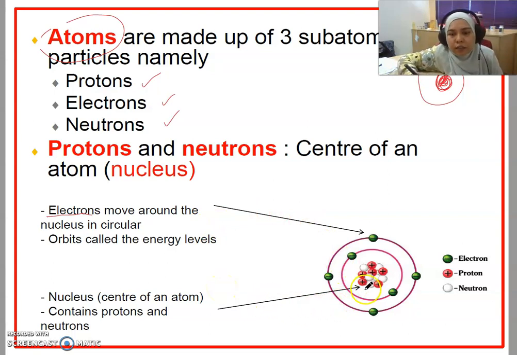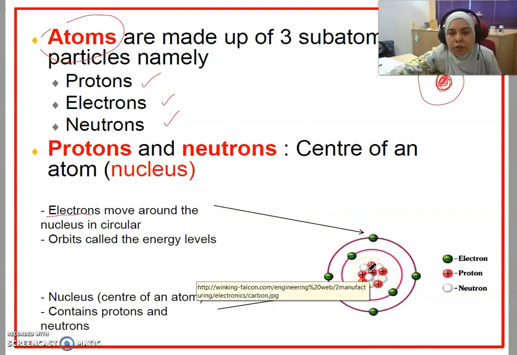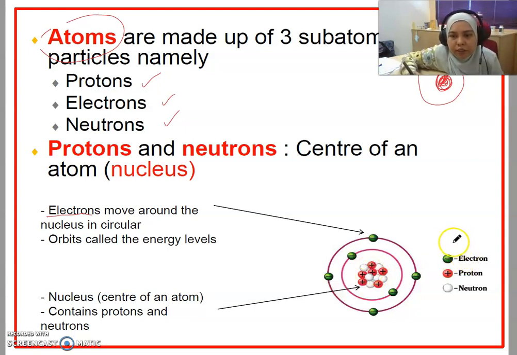And then ni gambar untuk nucleus, the center of atom that contains proton and neutron. Kalau you can see in this diagram, dia ada buat gambar charge positive and negative. Electron negative, proton positive, neutron is no charge, so tak ada apa-apa simbol di tengah. Nucleus bercharge positif sebab dia ada proton dan juga neutron yang tak ada charge.